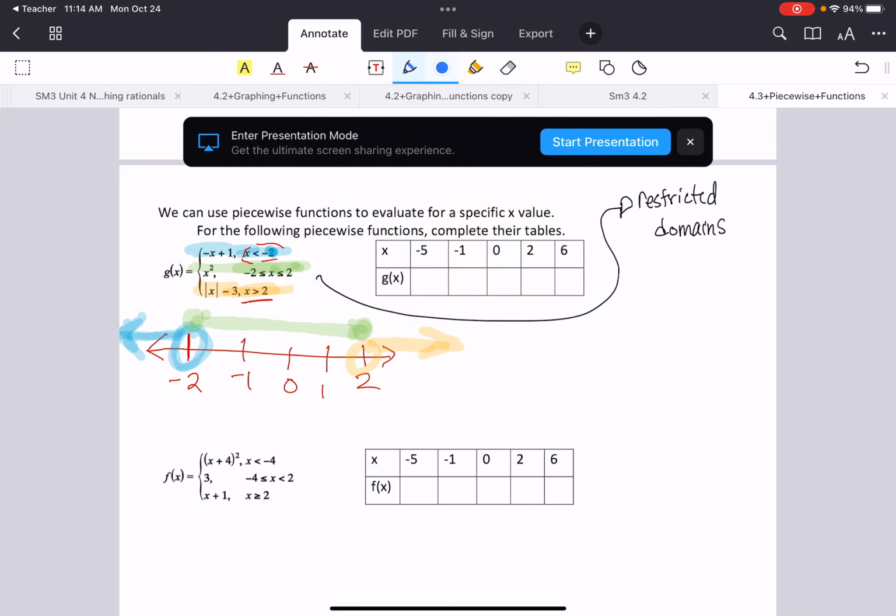Okay, so this is going to tell us where on the number line these numbers go and which function, subfunction, we put it in. So the -5. Where's the -5 on this number line?